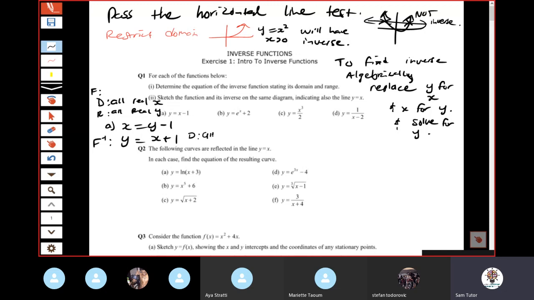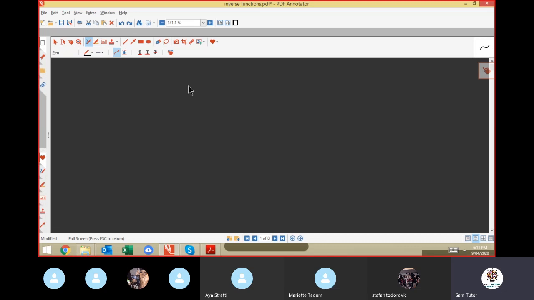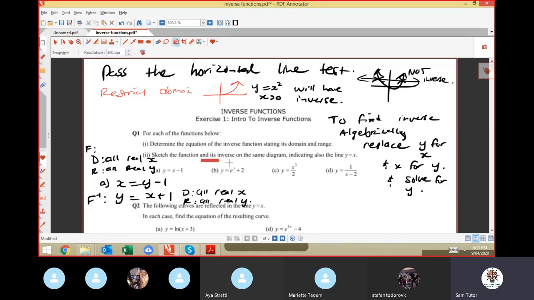So in this case, it's still all real x. And then your range would be what your domain was for your original function. Again, in this case, it's still all real y. So for the next few, I'm just going to screenshot them and do them on the next page.